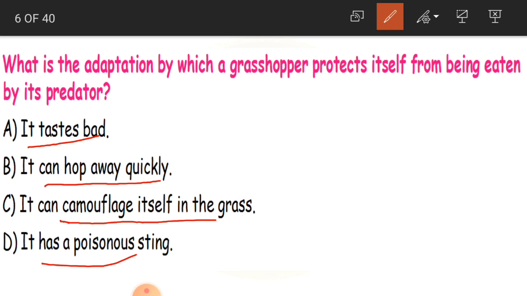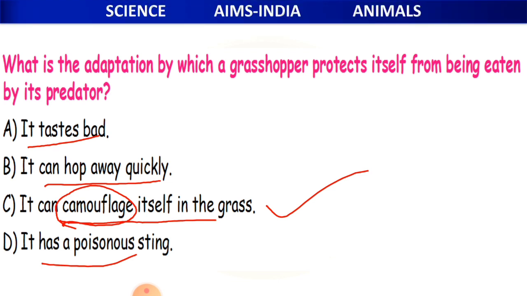So it has an adaptation of camouflage, which can change its color according to the surroundings. When it is in grass it becomes green in color. Because of this it can protect itself from its enemies. Clear? Yes. So C is our correct answer.